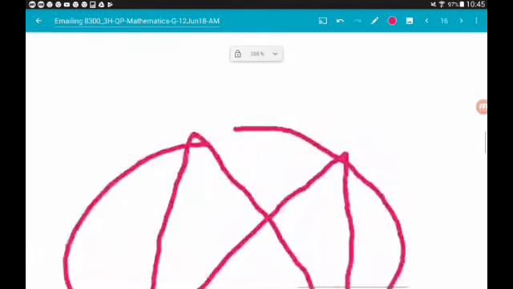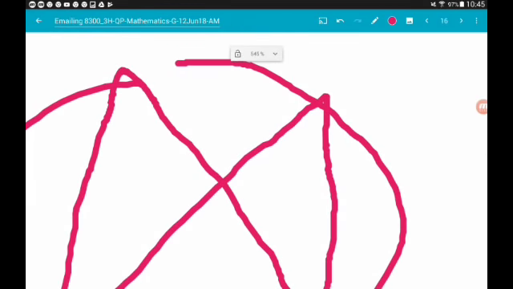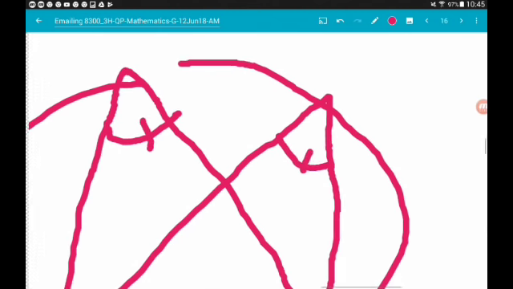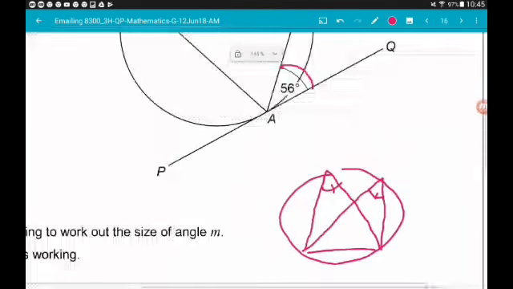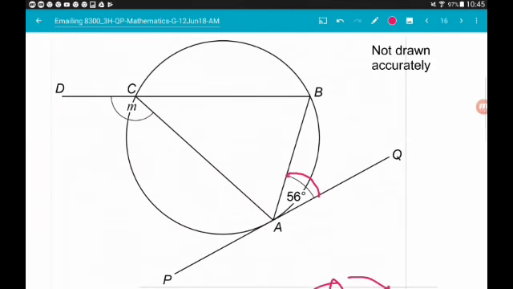So the angles in the same segment theorem would tell us that this angle is equal to this angle. Now we can clearly see we don't have that situation going on in this circle.